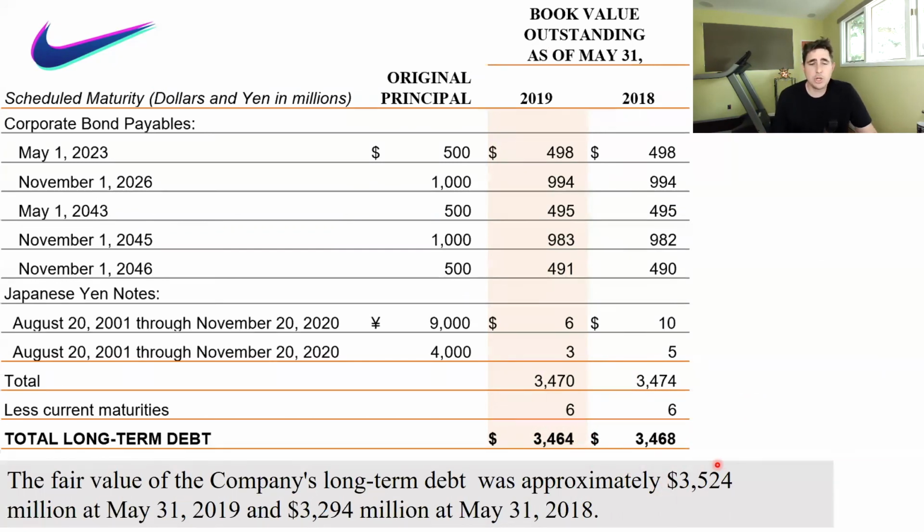So if they were to issue all of these bonds over again today with the same terms, how much cash proceeds would they get? They'd get 3,524. Well, that's higher than they got when they originally issued the bond. And so that's what that means. The fair value of the bond being higher than the current book value means the company has become less risky since they issued those bonds. Okay, so that's a little bit of a complicated topic, but we'll talk about that more in person.